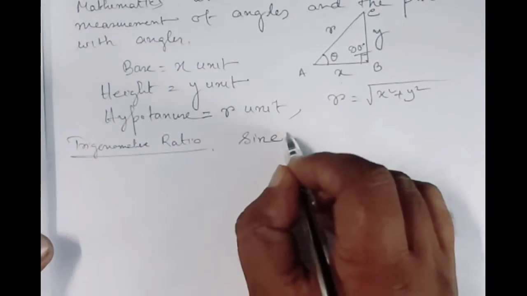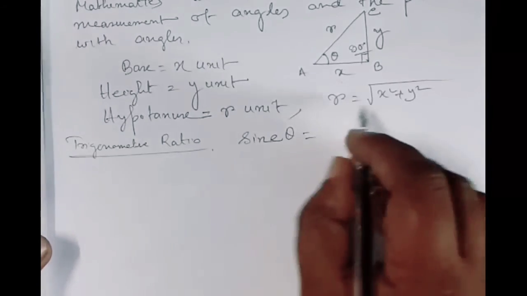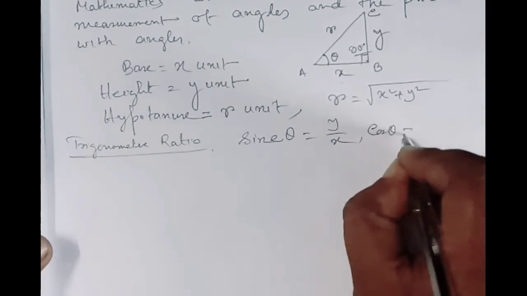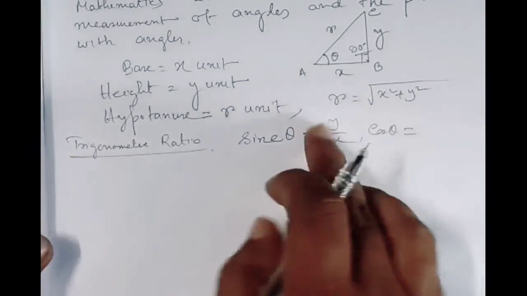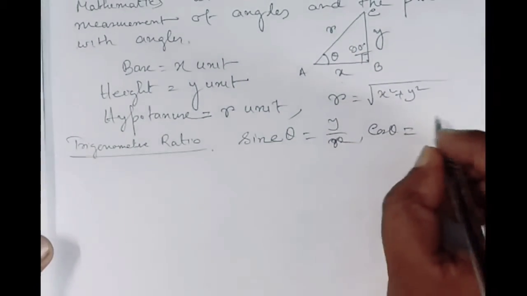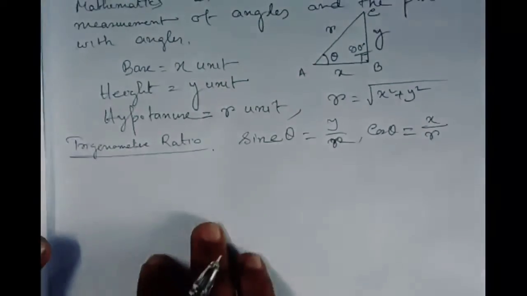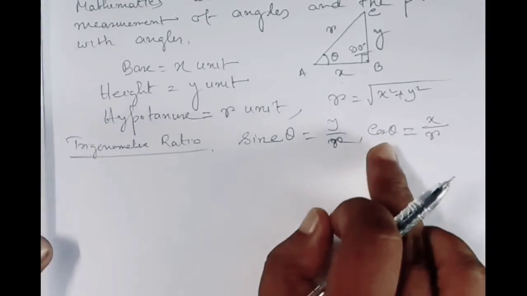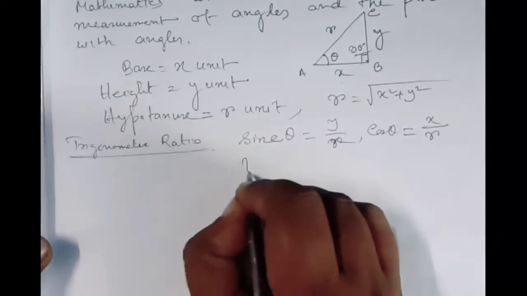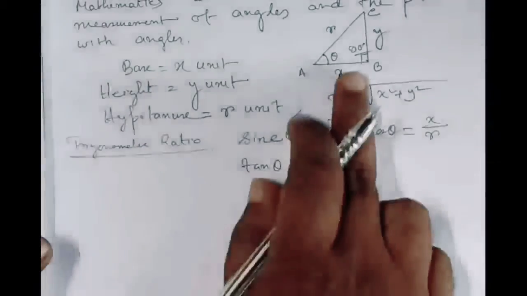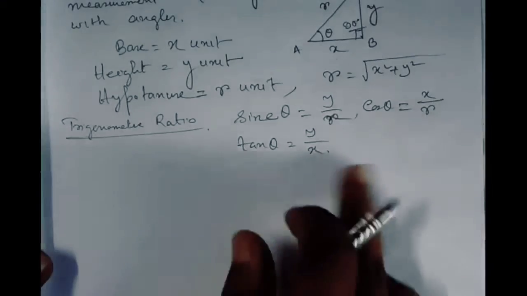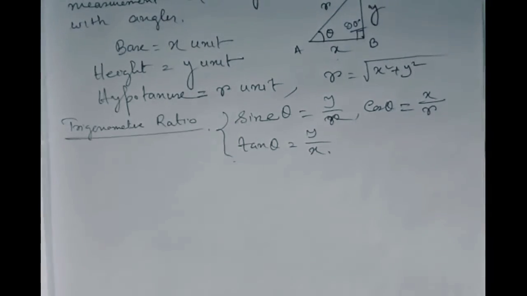If this angle is theta, first is sin theta, that is y by r. Next cos theta is equal to x by r. And tan theta is equal to y by x. Okay, so these are the primary basic ratios.